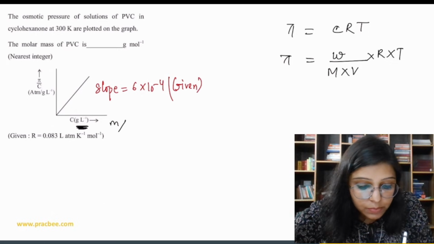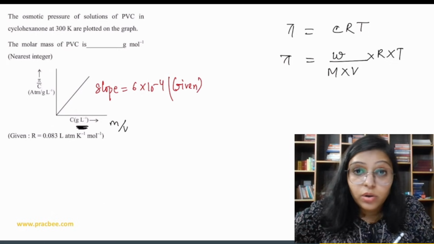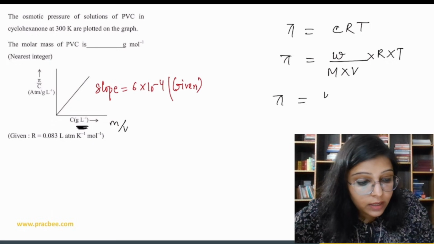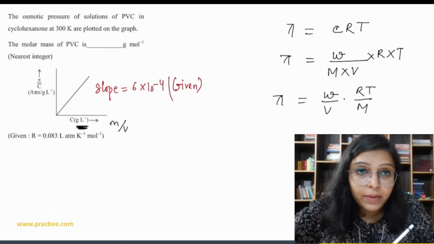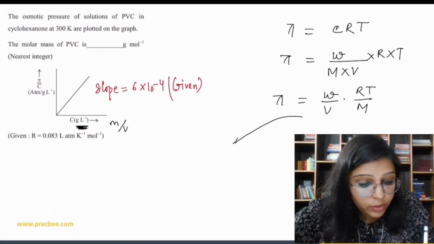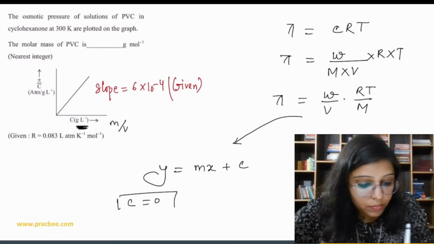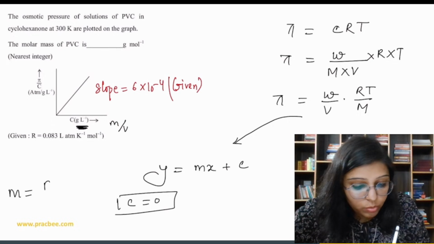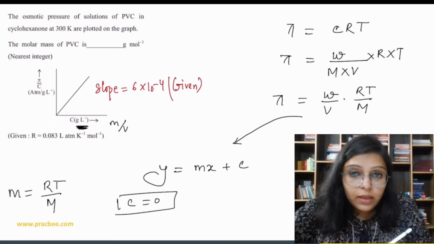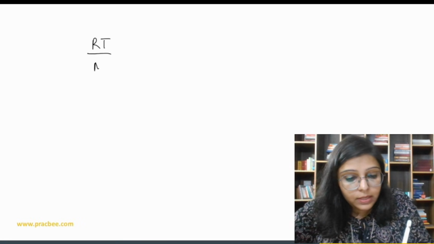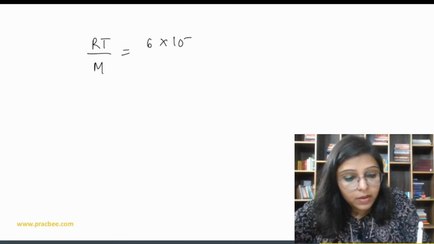It means mass per unit volume, not number of moles per unit volume. So here we can say W by V and RT upon M. We compare this equation with y is equal to mx plus c. So intercept is 0, but m is equal to RT upon M, the slope value. So RT upon M is equal to 6 into 10 to the power minus 4.